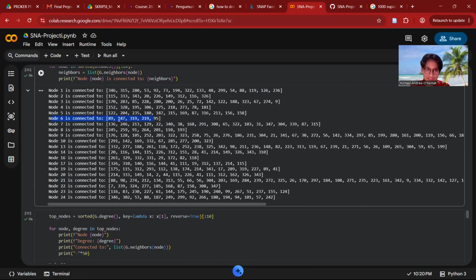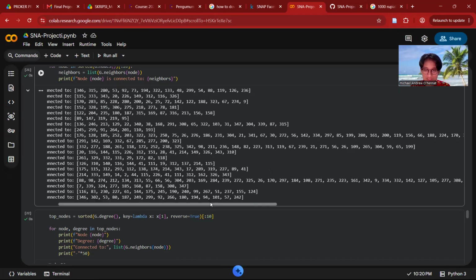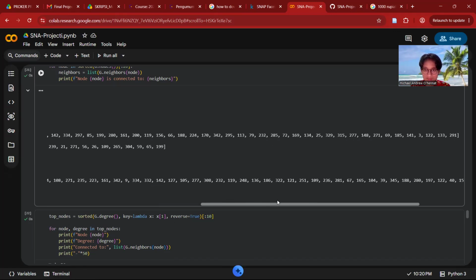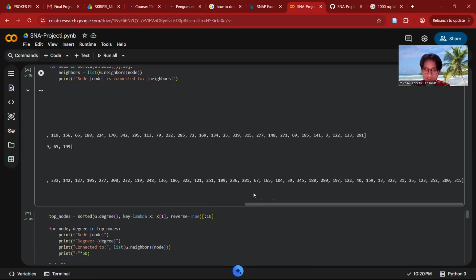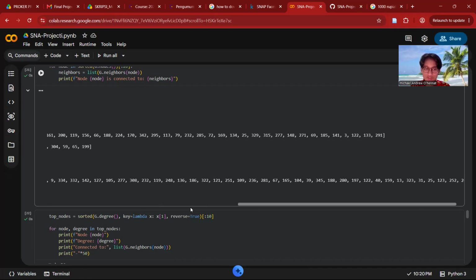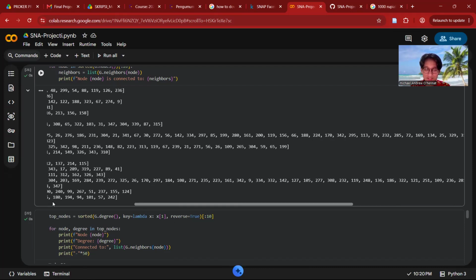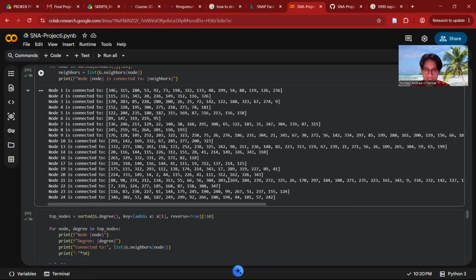Node number 6 only has 5 connections, or 5 friends that connect to it. But for node number 21, you can see there's a lot of connections going on over here. There are a lot of users or nodes that connect to node number 21.